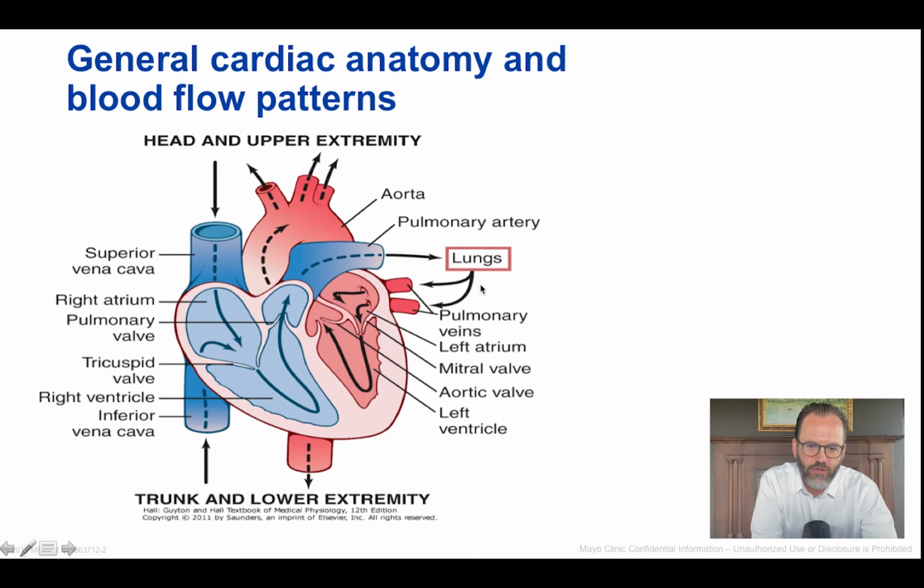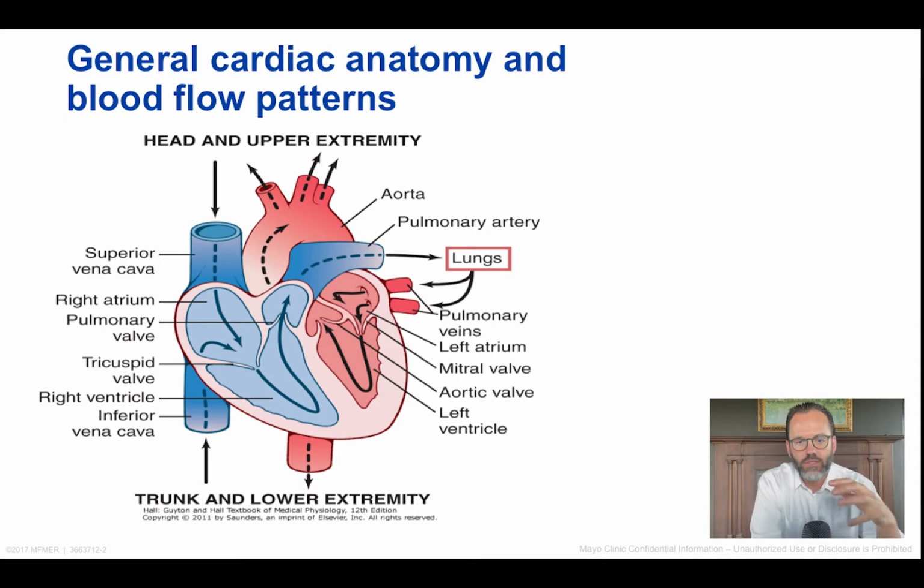And after it is oxygenated, you can see that it returns to the heart from the lungs through the pulmonary veins, which are now depicted as red, and it enters the left atrium, and is subsequently ejected into the left ventricle through the mitral valve. Anterograde blood flow is then promoted out of the aortic valve through the closing of the mitral valve and the opening of the aortic valve. That goes out to the aorta and is subsequently distributed throughout the body.